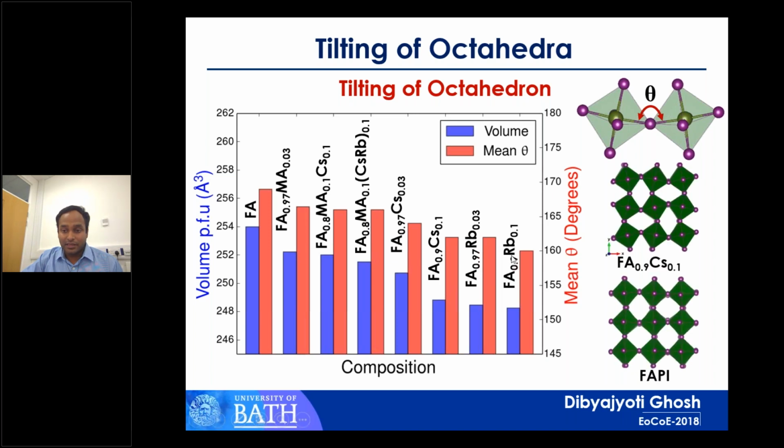When we calculate the time average structure, we found that with FA cations the structure is pretty much cubic in nature. However, when cesium is there, you find that the octahedra are mutually tilted, and you have a distortion in the lattice.